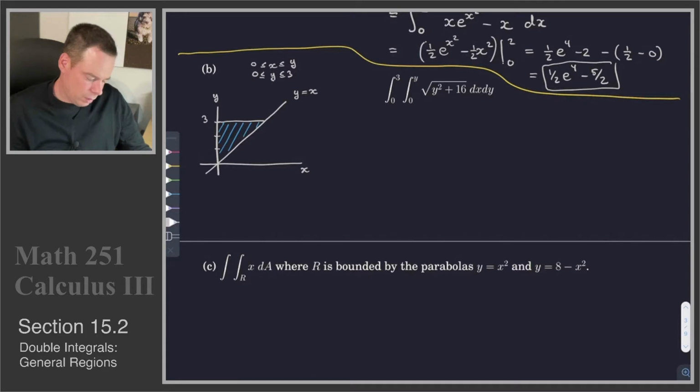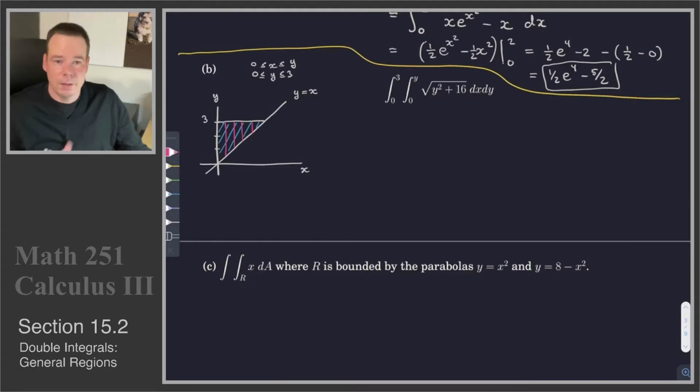Now what we'd like to do is see if we can recognize it. Is it a vertically simple region? Is it a horizontally simple region? Well, we can recognize it as either in this case. To recognize whether it's vertically simple, I imagine a bunch of vertical lines sweeping out that region.